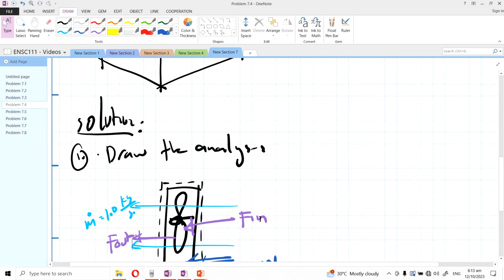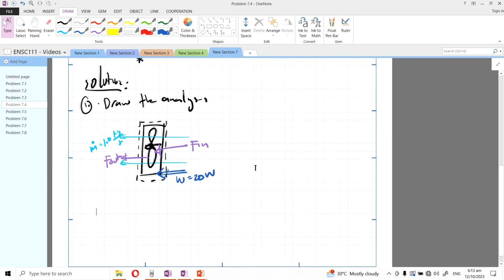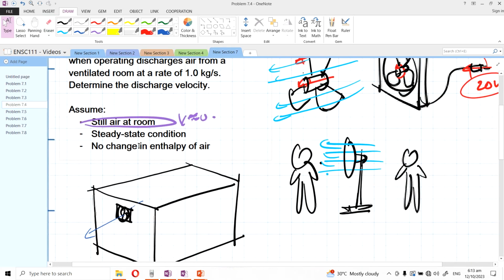Okay, so what else? For the other assumptions, delta KE is equal to 0, delta PE, sorry, this is not 0, the no change in temperature. There's no change in temperature. Or I think I have included here, no change in enthalpy.